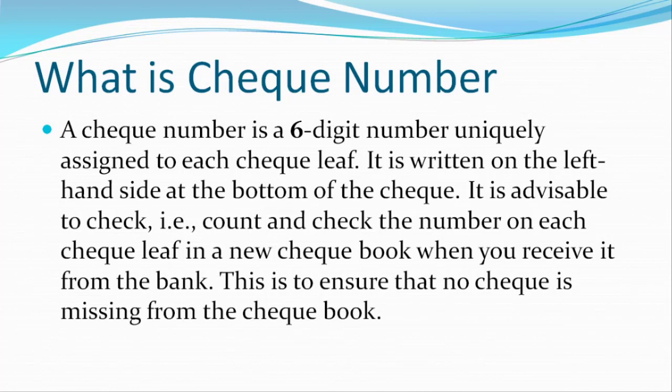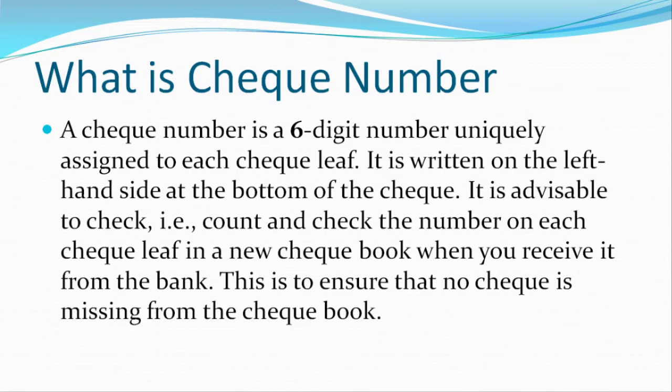It is written on the left hand side at the bottom of the check, and it is advisable to the account holder, whenever they receive a checkbook from the bank, they must count and check the number of each check leaf pages in a new checkbook. So this is to ensure that no check is missing from the checkbook.